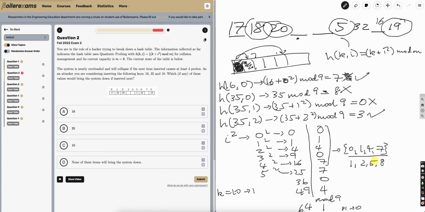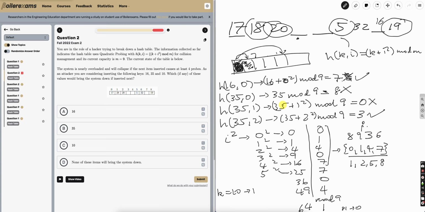This is the only possible way to bring the system down, because 10 gives only 4 remainders which already have elements. And for 16 and 35, 16 modulo 9 is 7, and 7 already has a spot for it to land, meaning it has a free slot. And 35 modulo 9 is 8, but when you add 8 to each of those numbers, you get 8, 9 which becomes 0, then 8 plus 4 equals 12, mod 9 equals 3, and then 7 plus 8 equals 15, mod 9 equals 6, and 3 is free.